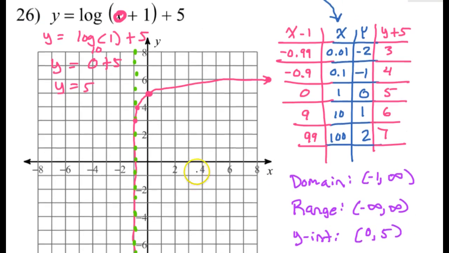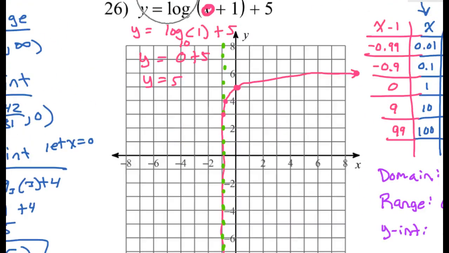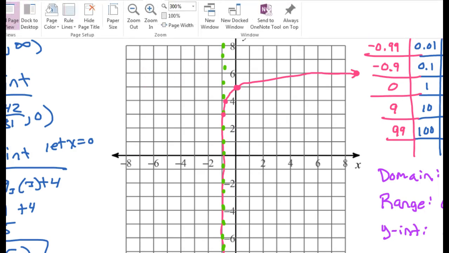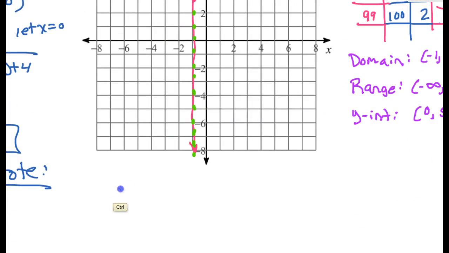Okay, now the x-intercept is slightly more complicated. So for the x-intercept, instead of plugging in 0 for x, we have to plug in 0 for y. So if I put in 0 right here and solve, I'm going to need a little space for this.